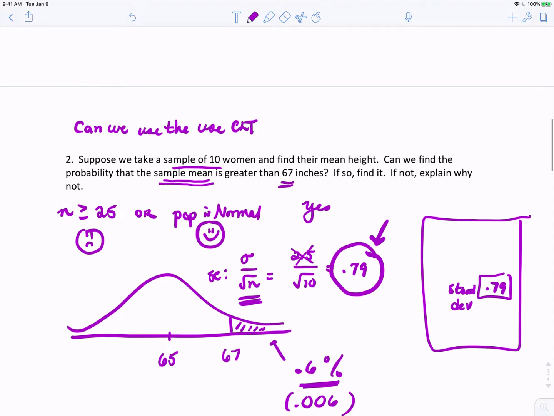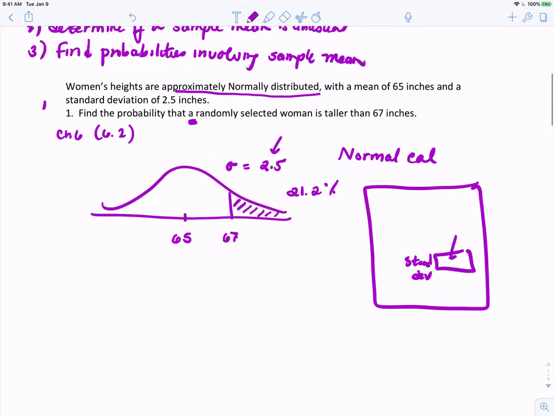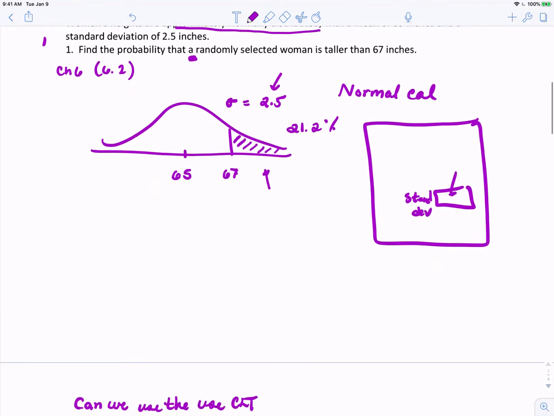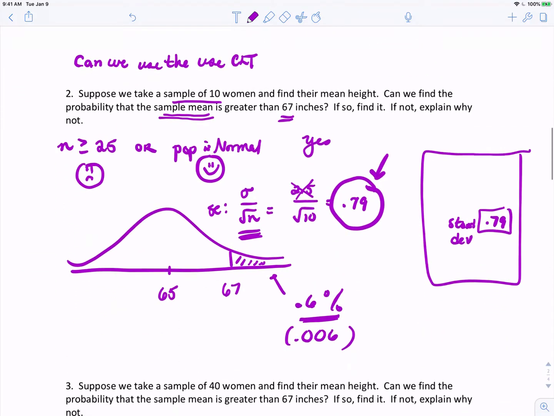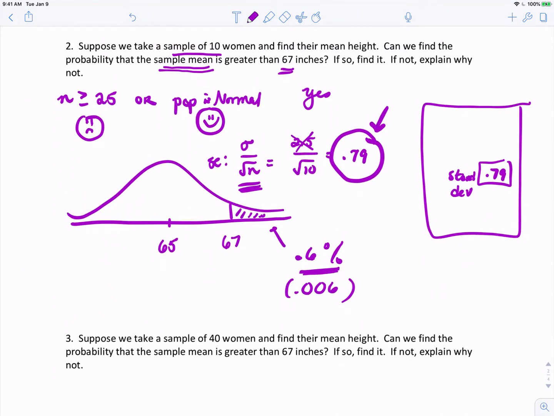Why is that true? Well, back here, the probability of one woman being pretty tall, above 5'7", is 21%. But for 10 women to have an average height greater than 5'7", they all had to be pretty tall. What are the chances of getting 10 pretty tall women in a random sample of 10 women?